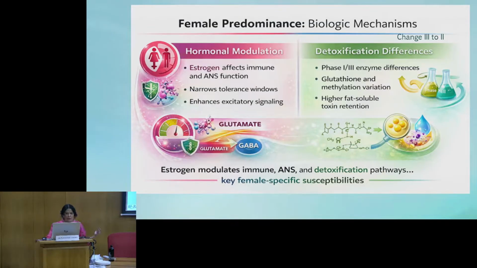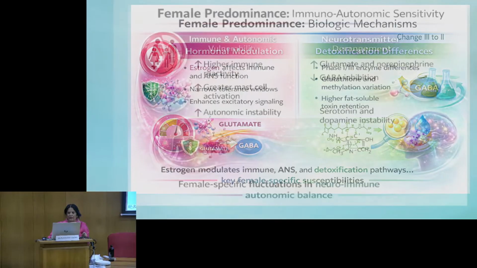In certain numbers, glutathione and methylation are affected, and they are higher in fat soluble, and knowing that females, because of their curvature, do have a higher amount of fat.